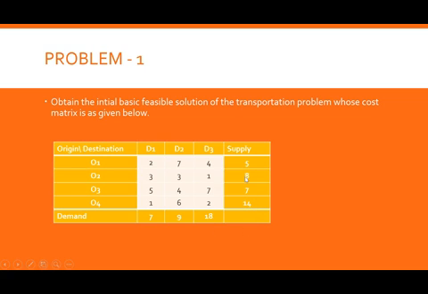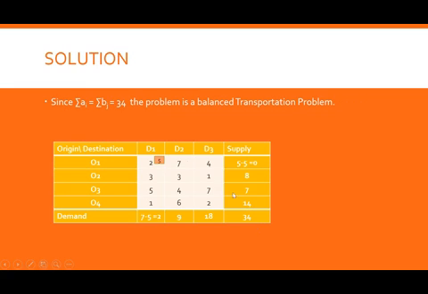Both the sides, the sum is 34. So the problem is balanced, since summation Ai is equal to summation Bj is equal to 34. That is, sum of all supplies and sum of all demands is equal to 34. The problem is a balanced transportation problem.